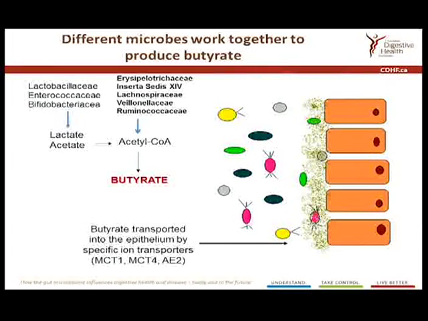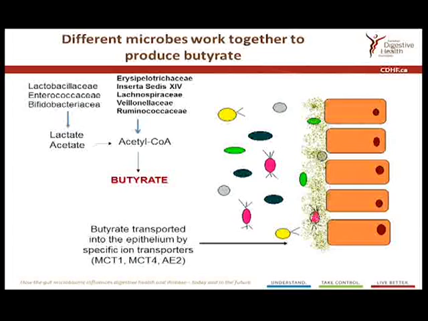Okay? And the type of microbes that work together are, say, things like the lactobacillus and bifidobacterium, which can produce the lactate, and things like these type of bacteria, which then act on the lactate to produce butyrate. Okay? If you're missing these groups of bacteria, you cannot produce butyrate.